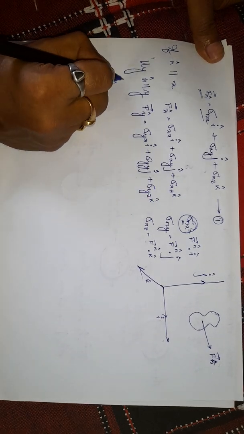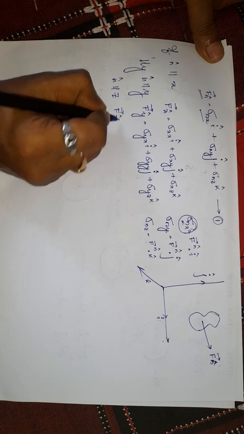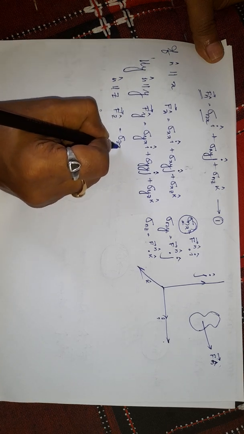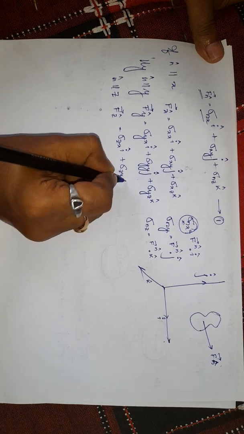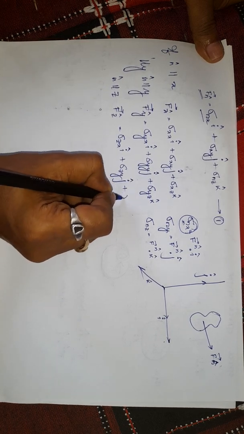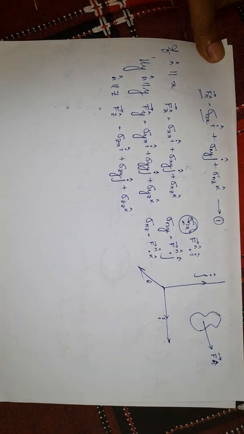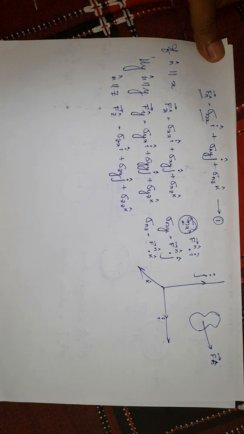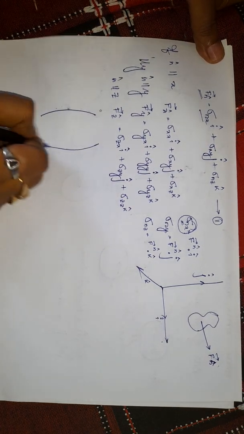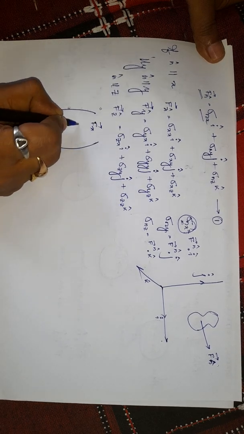And when it is parallel to z-axis, it will be sigma zx i cap, sigma zy j cap, sigma zz k cap. Okay. So on the left hand side, it is your stress vector. All the three stress vectors.